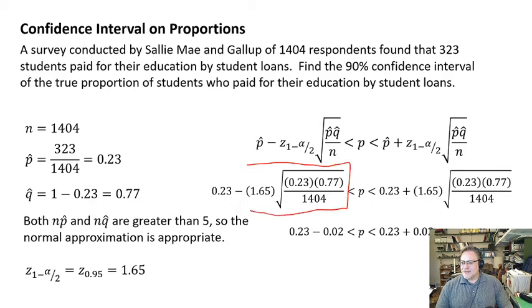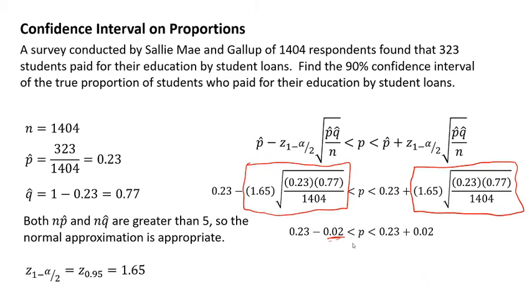It shows up here, and it also shows up over here, so you should just calculate it once. When you first multiply all of these things together, then take the square root of that, and then multiply it by 1.65, what you're going to get here is the margin of error, which is about 0.02. So that's the thing we're going to be adding and subtracting from our point estimate.